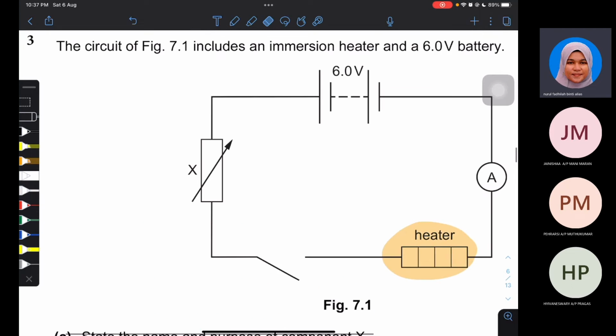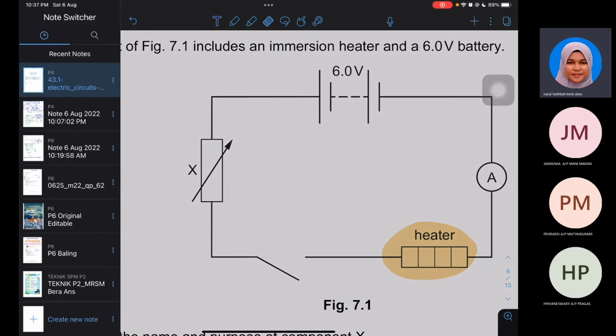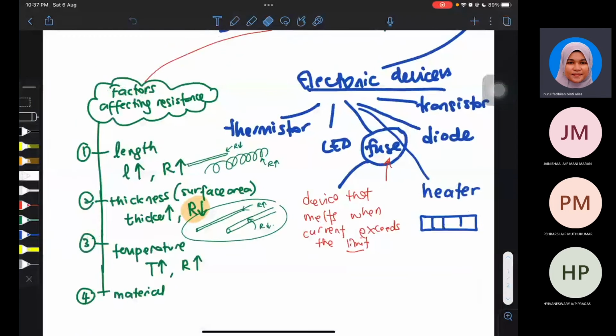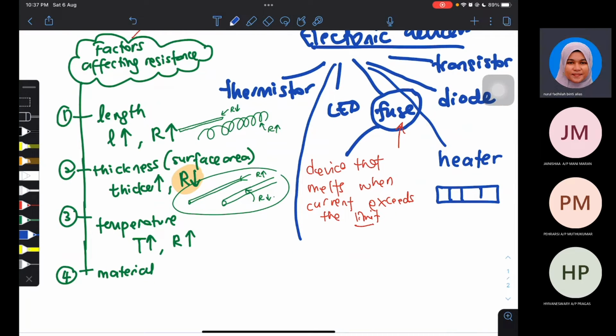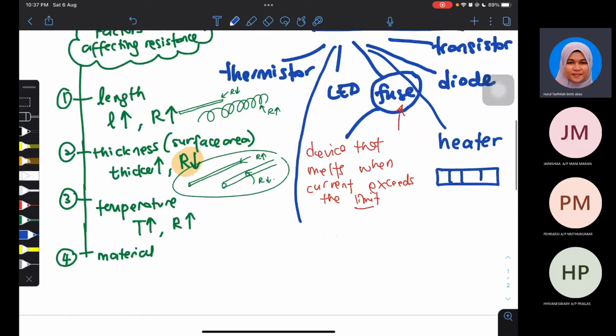Okay, so jadi ini satu lagi device yang you kena tahu. So tambah lagi satu. So sebenarnya banyak. Actually masa I went to your place hari tu, masa saya pergi Parit, I talk about these electronic devices. You kena tahu. So another one is rheostat. Setiap daripada ni you kena tahu the symbol.